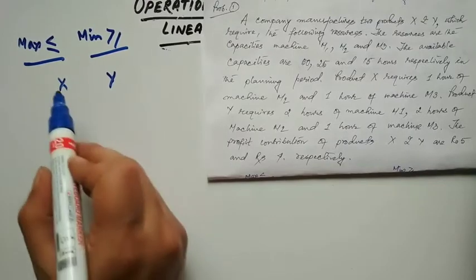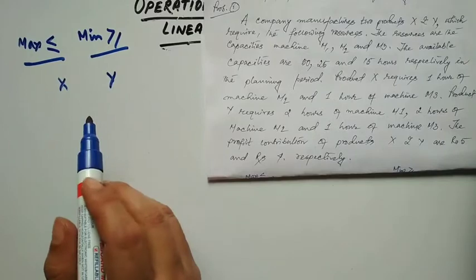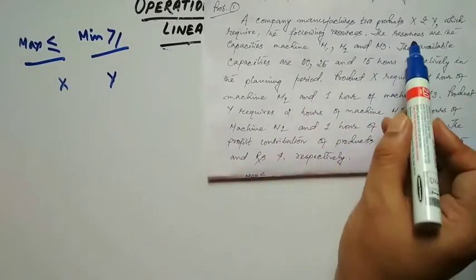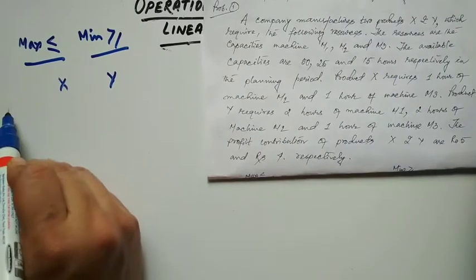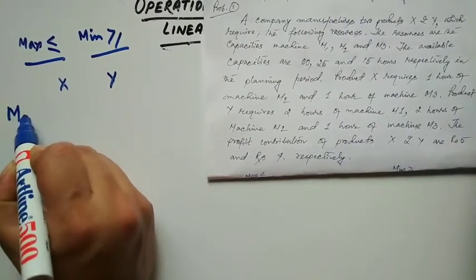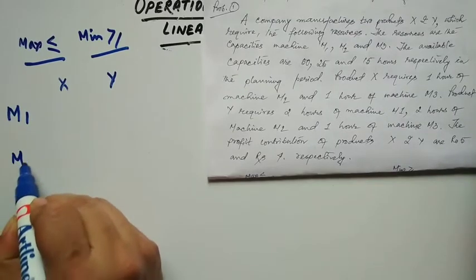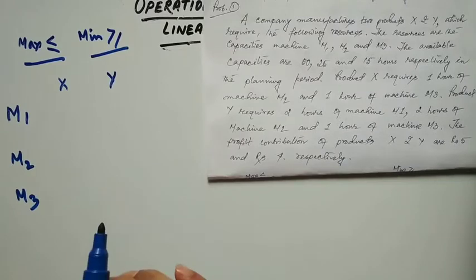So first write the two products over here, just like that, X and Y. Then see the resources. The resources are the capacities of machines M1, M2, M3. Just write the machines beside over here, M1, M2 and M3, just like that. This is the first step.